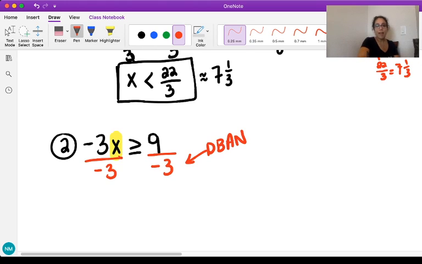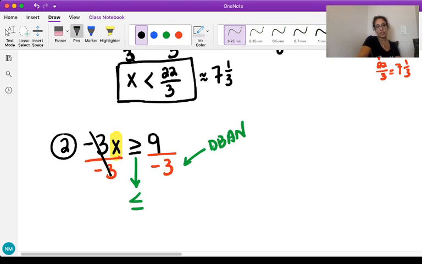So automatically, the first thing I'm going to do is take this sign. Color code: when I divide by a negative, I flip my sign. So instead of greater than or equal to, I'm going to change it to less than or equal to automatically. Then I can continue as I was doing before.